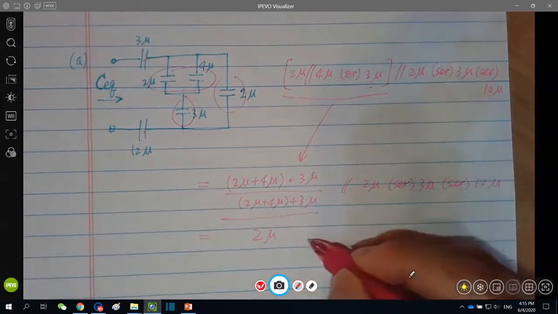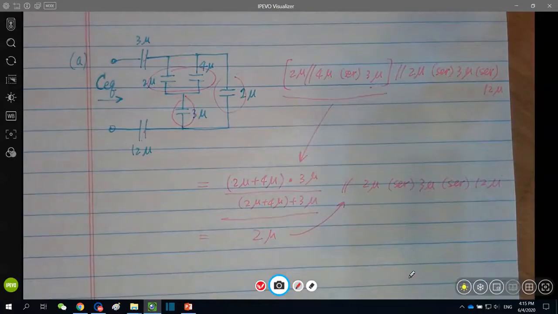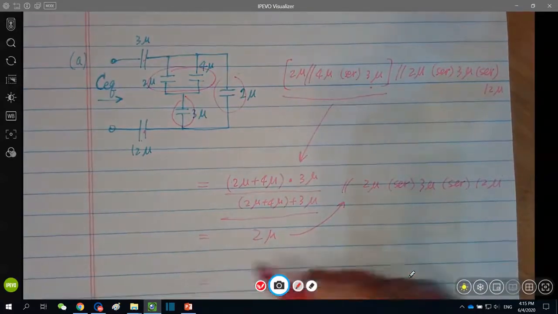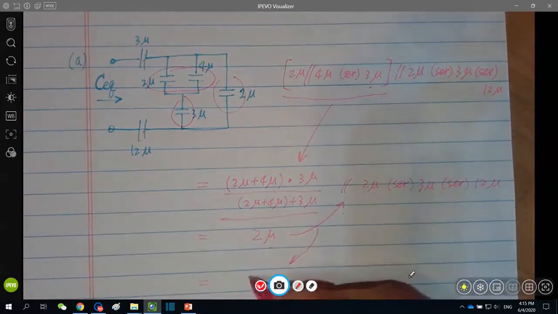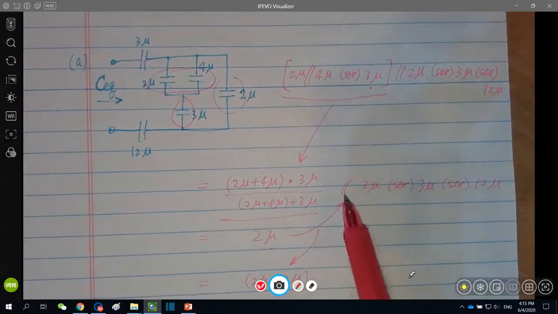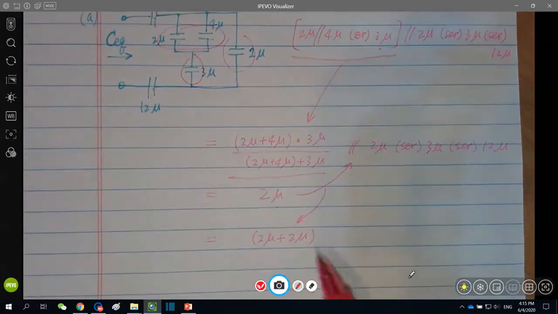Then further parallel with 2, and then series with 3. So 2 parallel with 2 equals what? 2 plus 2, because parallel for capacitors is the same as resistor series, which is plus.